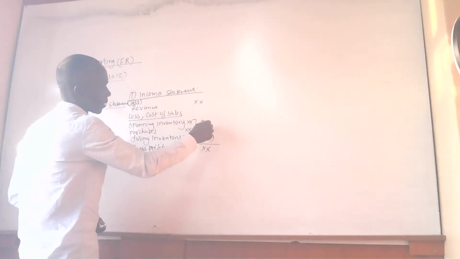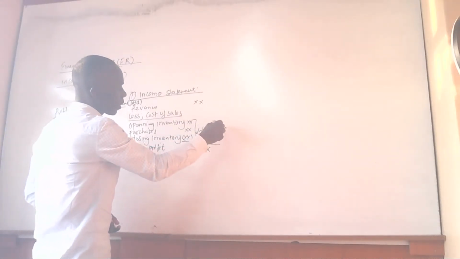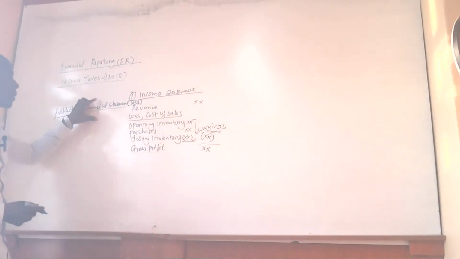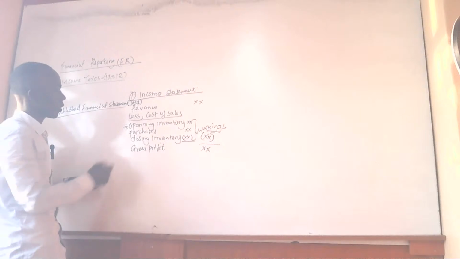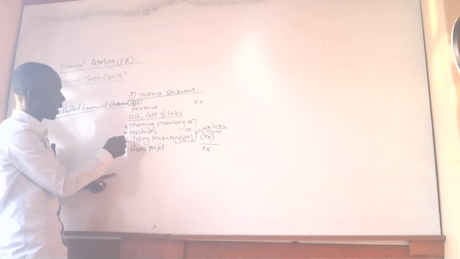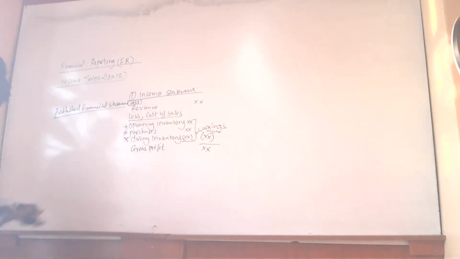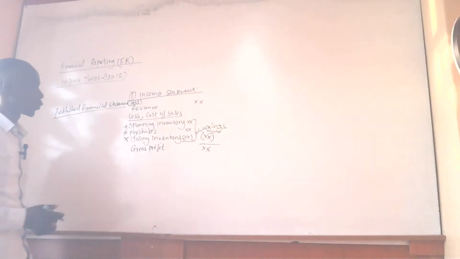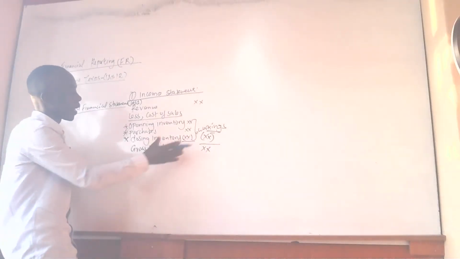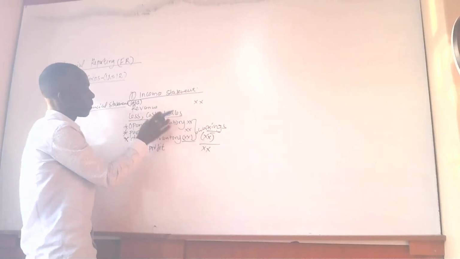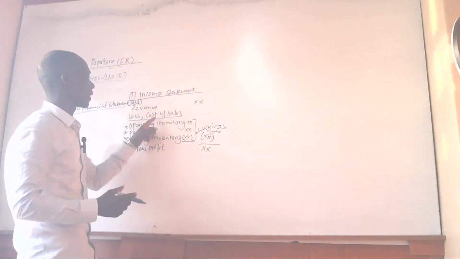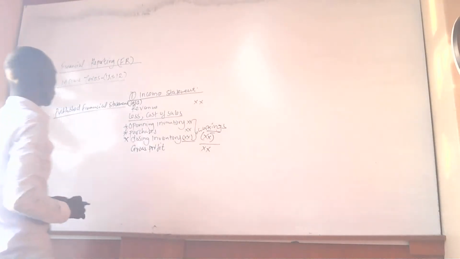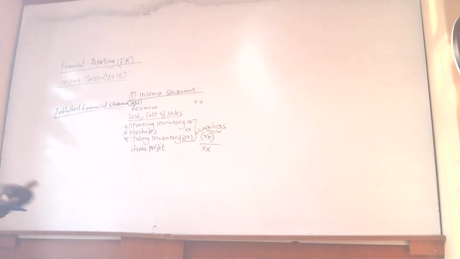When you are presenting a published financial statement, you are not supposed to show that there was an opening stock, purchases, and closing inventory. You just do this as a working and present it under the title cost of sales.